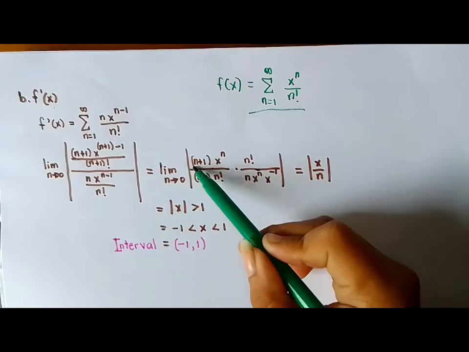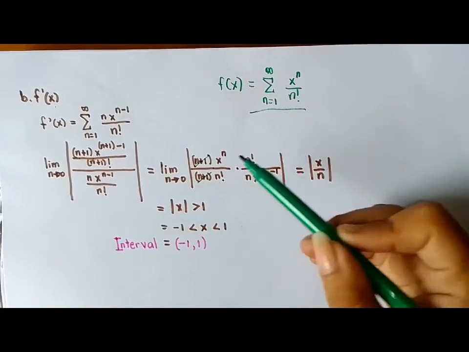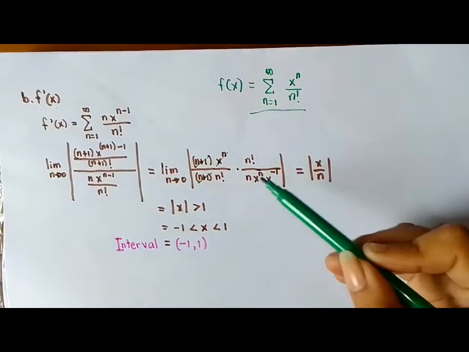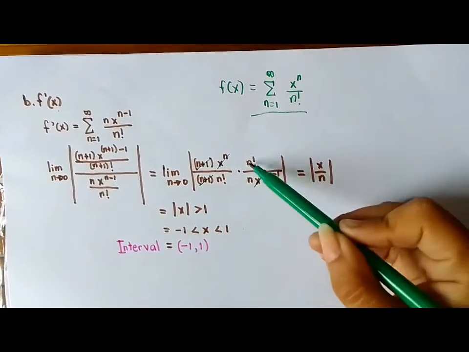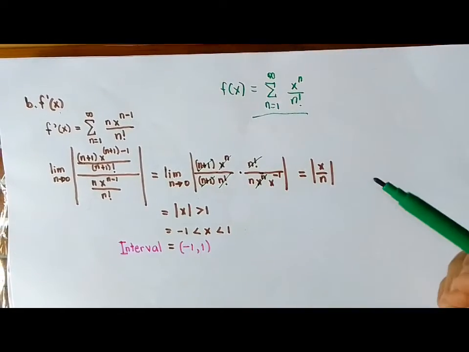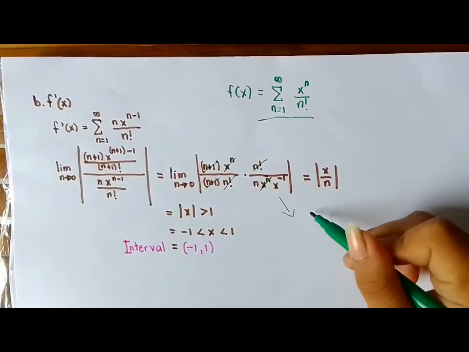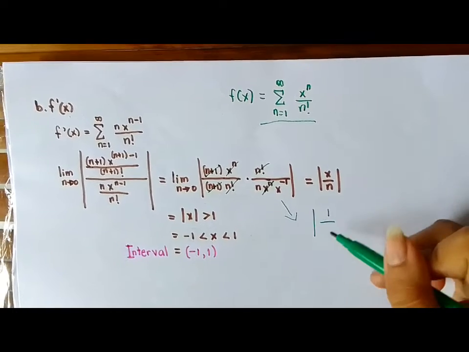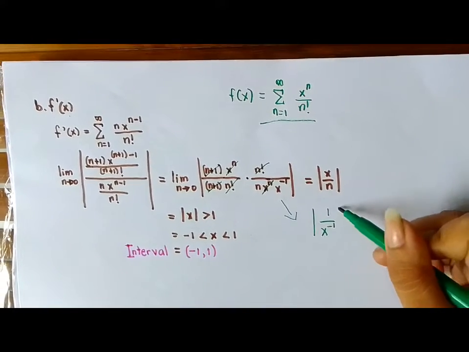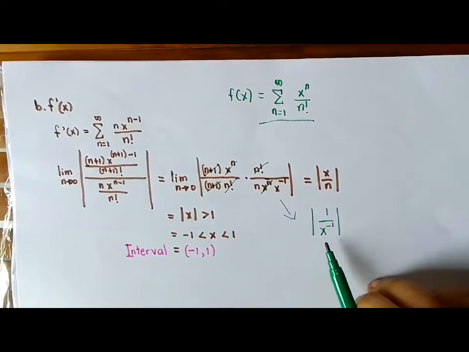So we have n plus 1, we cancel n plus 1 here, and x to the power of n, and n factorial. Then the remaining variables, we have 1 over x to the power of -1. Then we will take the reciprocal of x to the power of -1.